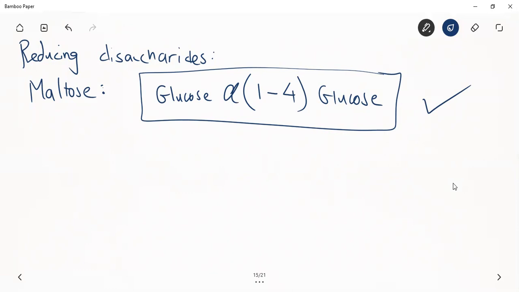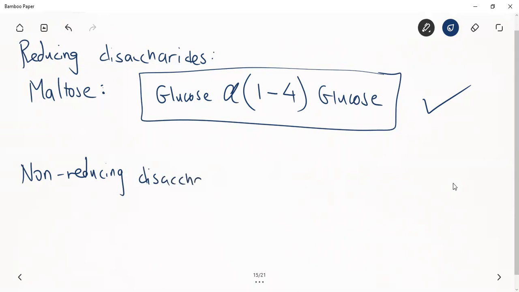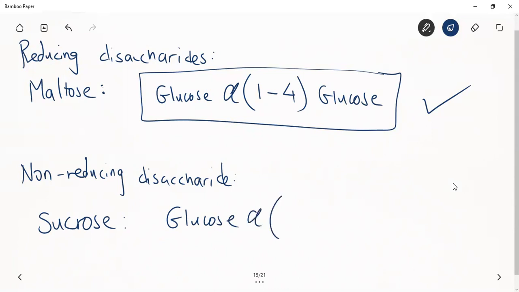Let's take another example, which is a non-reducing disaccharide: sucrose. What is sucrose made up of? Glucose and fructose. What is the bond? Glucose 1 to 2 fructose.